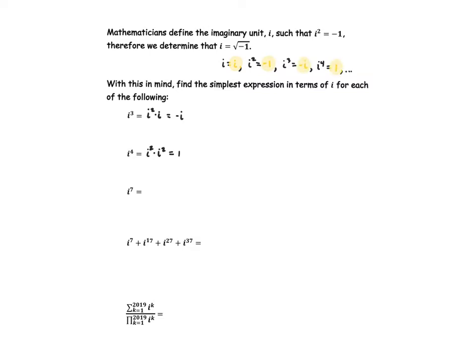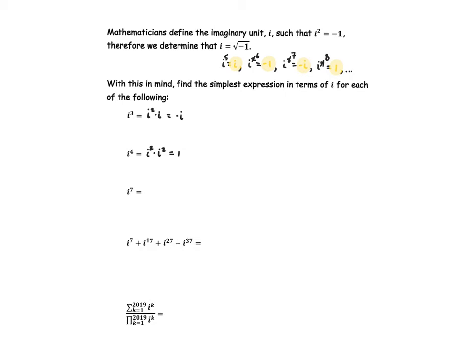That same pattern will be repeated, so i to the 5th will be the same as i, i to the 6th will be the same as i squared, i to the 7th will be the same as i cubed, i to the 8th will be the same as i to the 4th.